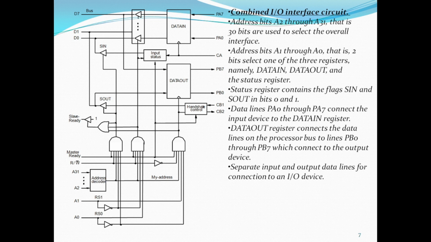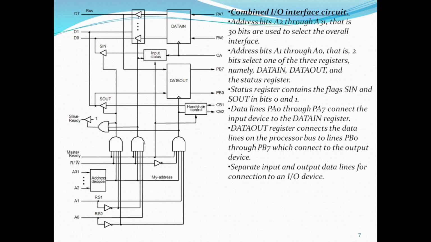As you can see, both the flags, SIN and SOUT, are the status flags. The status register contains these two flags in bits 0 and 1, respectively.